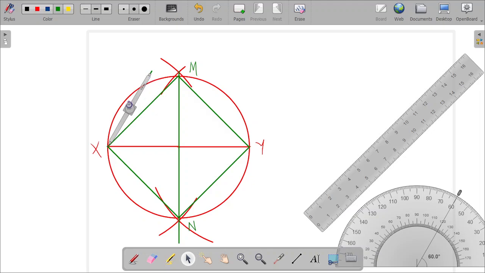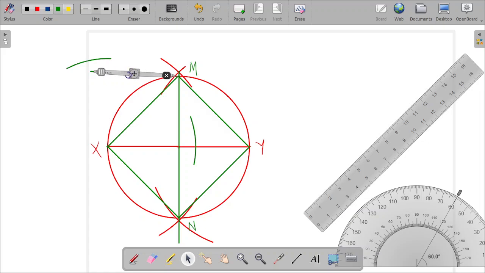Very important. Then I'm going to make an arc above and below that line like that. Then you move your compass and put it on the second point, which is point M. Do not adjust this compass.